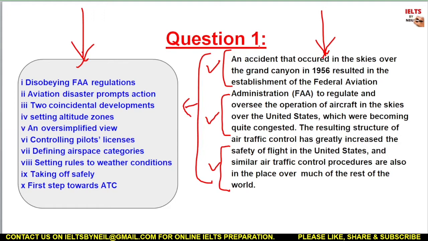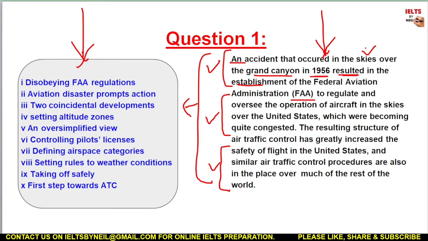Let's see. An accident that occurred in the skies over the Grand Canyon in 1956 resulted in the establishment of the Federal Aviation Administration. Now they are talking about some accident that happened in the sky, because of which the FAA was established in 1956.